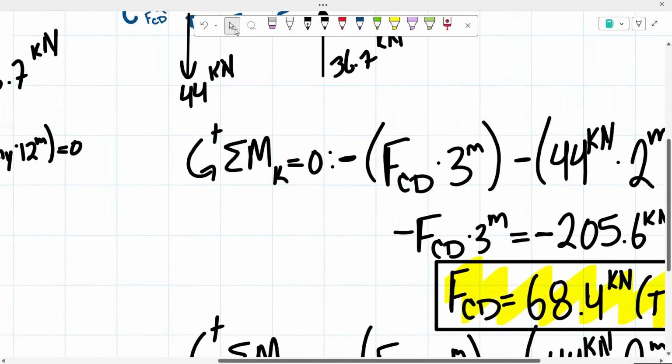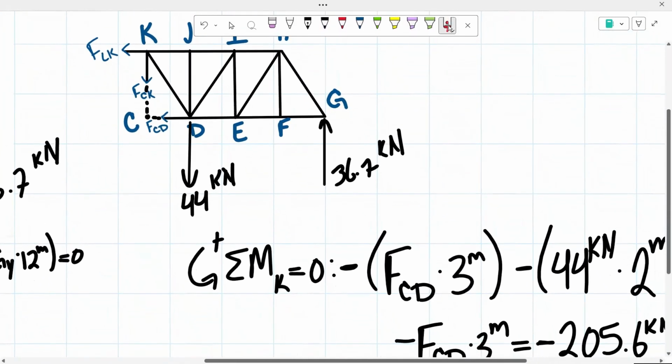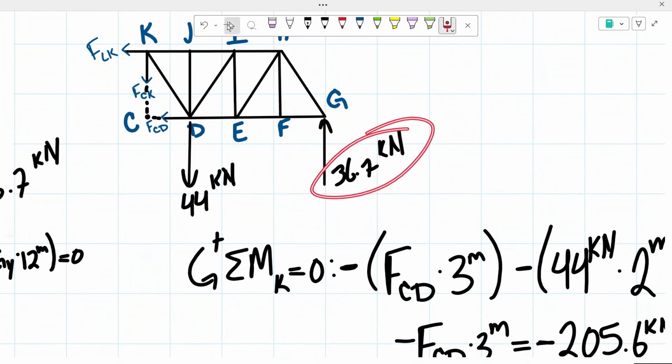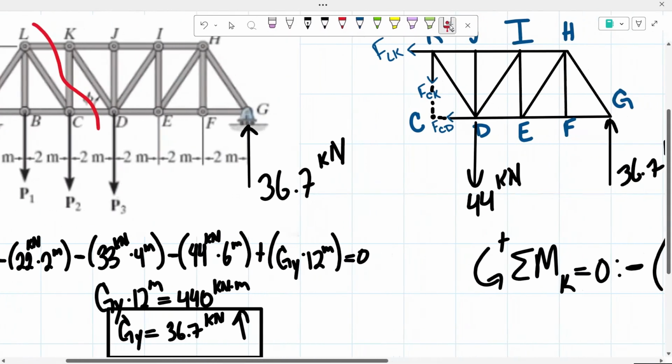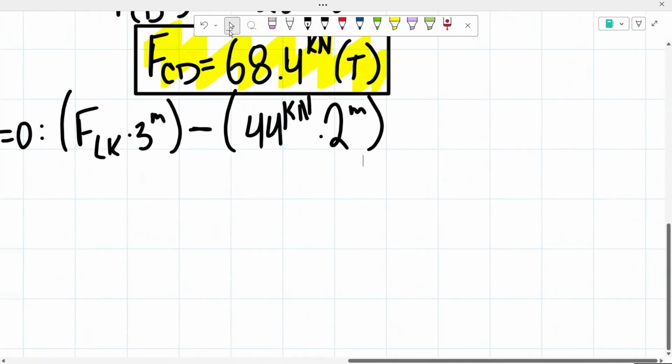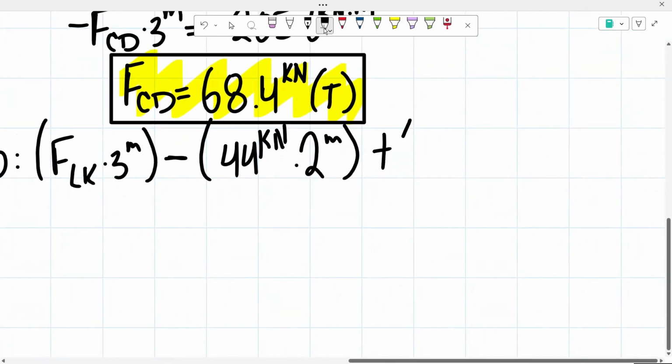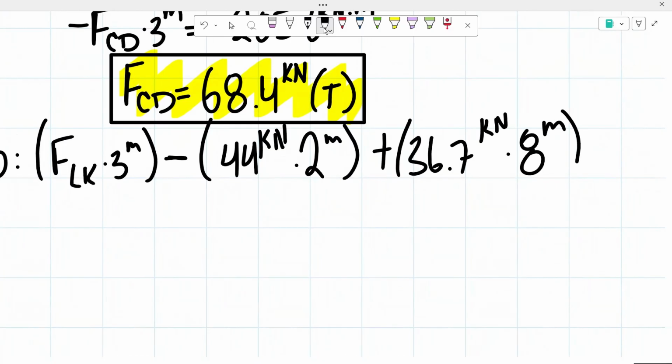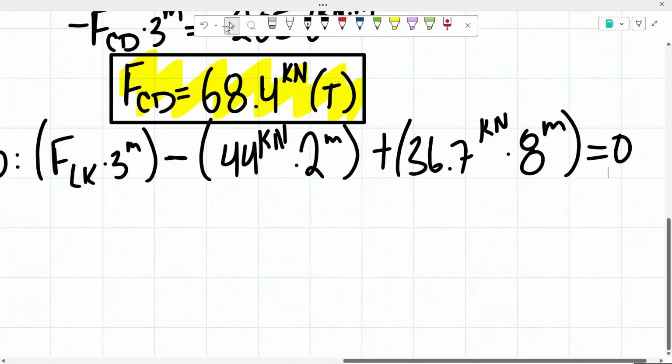And then we have our 36.7 kilonewtons. This is going to be creating that counterclockwise moment, so positive moment, force of 36.7 kilonewtons, and a distance of, once again, 8 meters. We know that all of that has to equal 0.